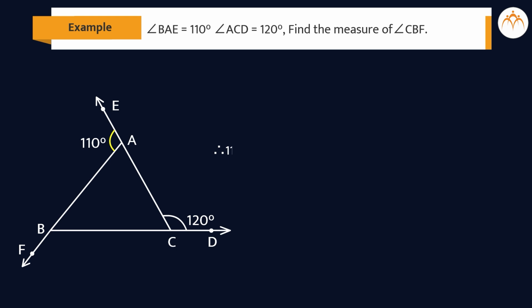Therefore, 110 degree plus measure angle CBF plus 120 degree is equal to 360 degree. This is given. Therefore, measure angle CBF plus 230 degree is equal to 360 degree. Therefore, measure angle CBF is equal to 360 degree minus 230 degree is equal to 130 degree. Therefore, measure angle CBF is equal to 130 degree.